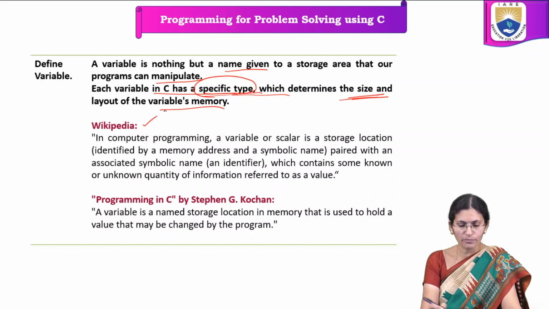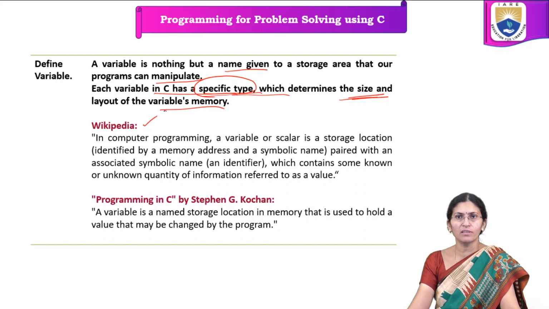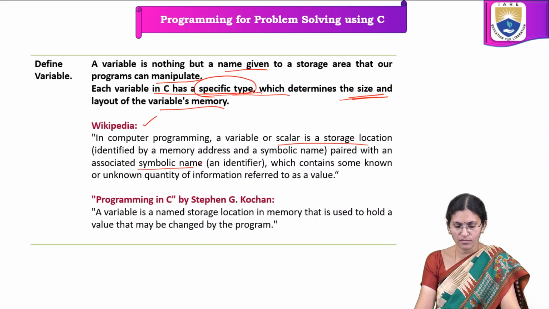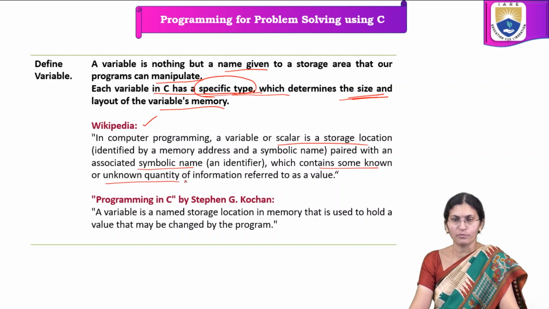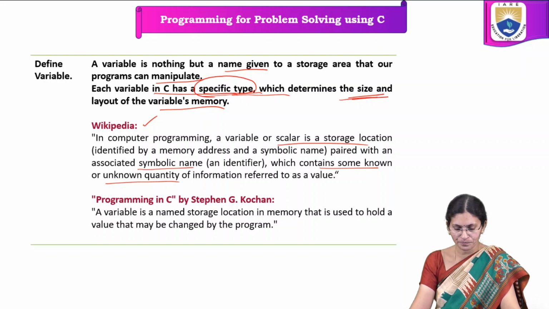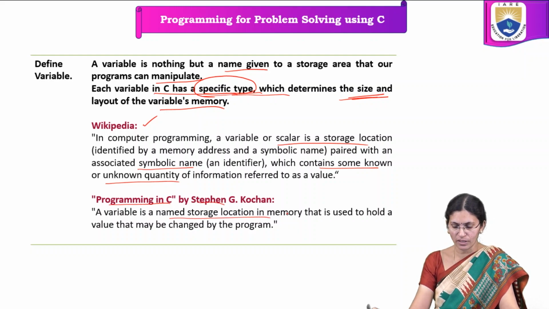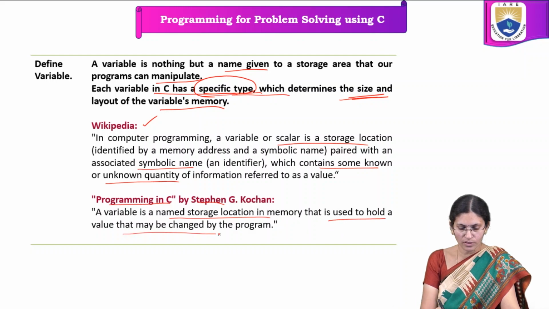According to Wikipedia, in computer programming, a variable or scalar is a storage location paired with an associated symbolic name which contains some known or unknown quantity of information referred to as value. Then in the textbook Programming in C by Stephen, a variable is a named storage location in memory that is used to hold a value that may be changed by the program.